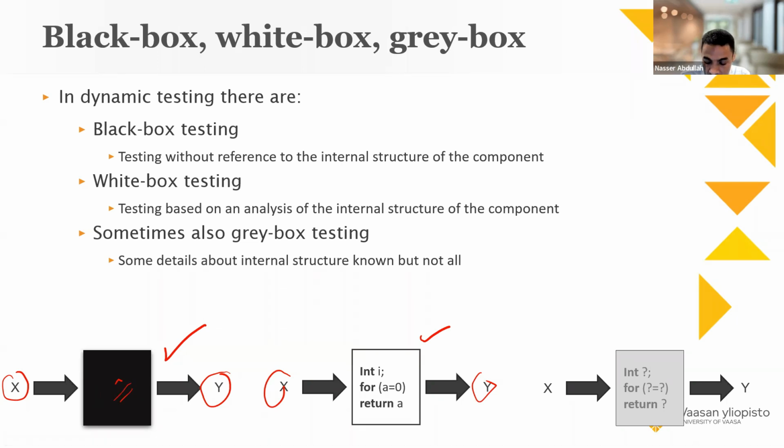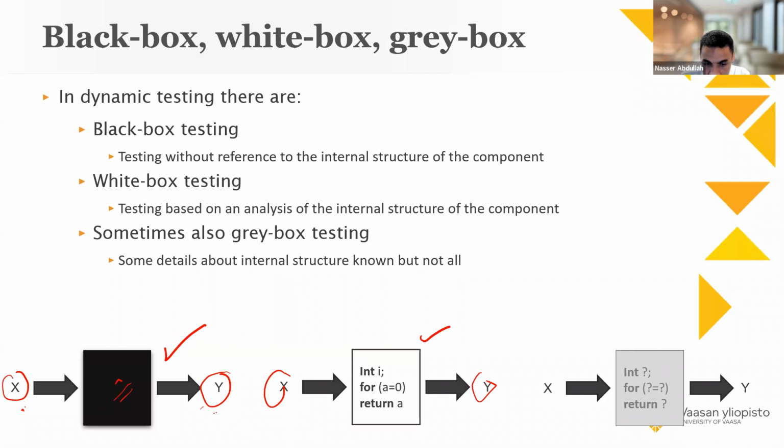But in white box, you should see the code and test the code itself. So in black box, you just key in the data, see the output, and compare the output of your input with the expected result.